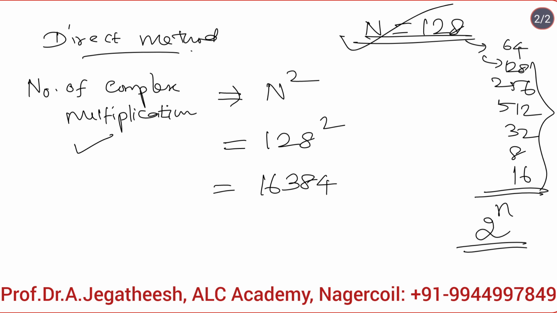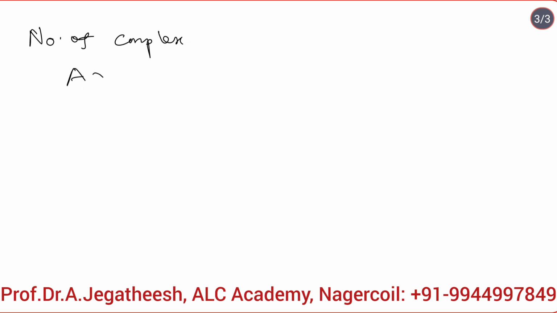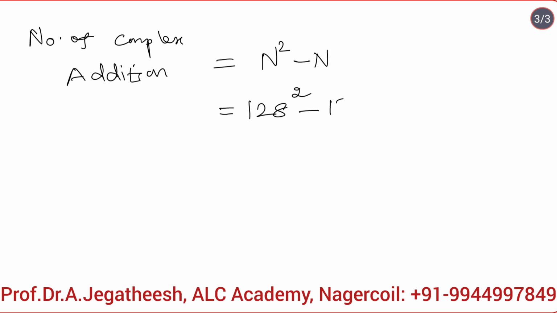Now we can find the number of complex additions. The formula will be N square minus N. If you substitute N is equal to 128, you will get 128 square minus 128, which by calculator is 16,256.